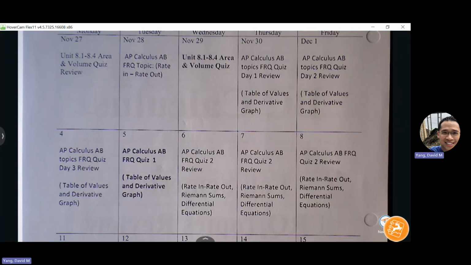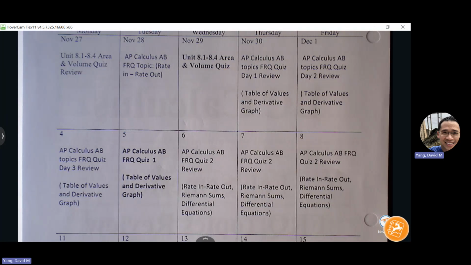There's really only 2 FRQs that you haven't quite seen yet, which are the rate in, rate out, and also table of values derivative graph, which you've kind of seen, but you haven't quite seen it all together in this particular format. So we will do quiz review today, but then we'll do rate in, rate out tomorrow. Your quiz will be on Wednesday.